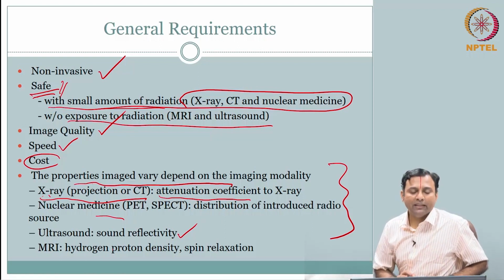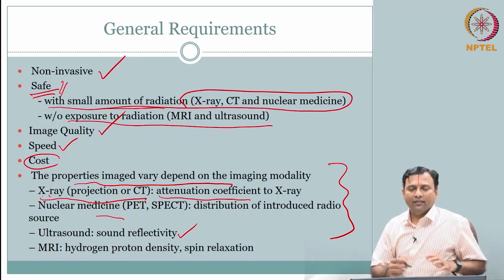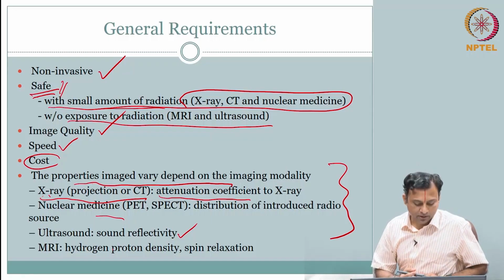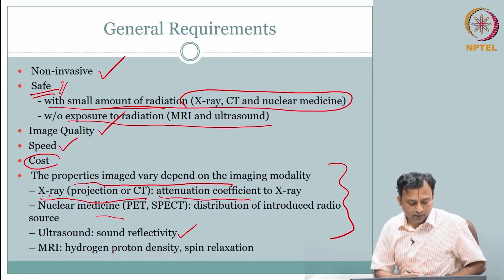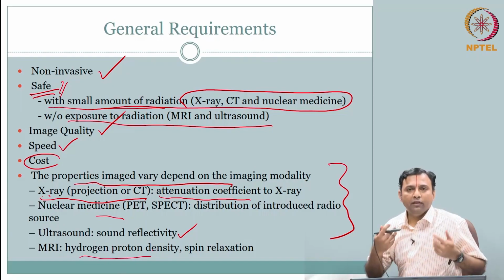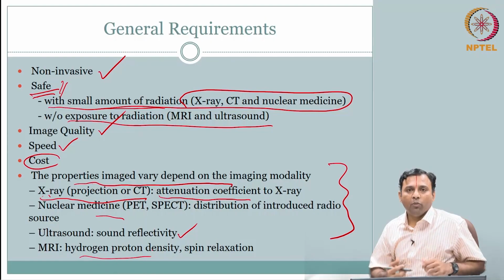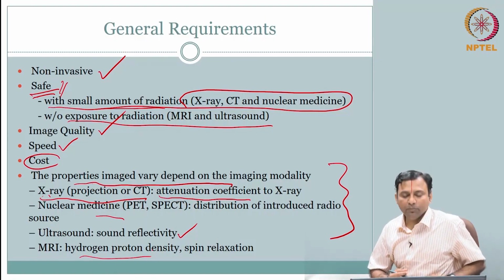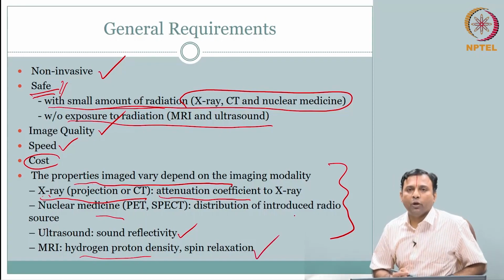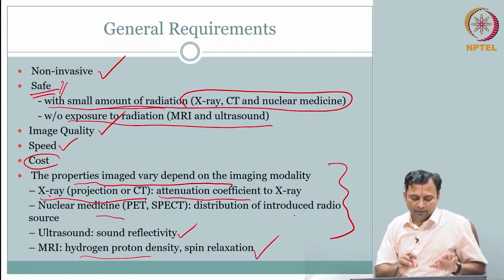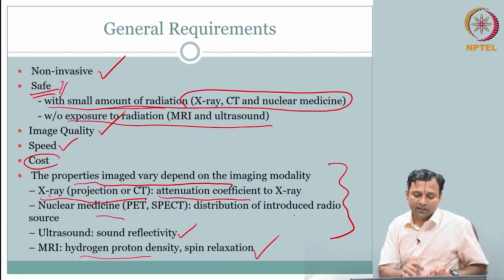In magnetic resonance imaging, there are several parameters you can go after. Most commonly for the human body, we are talking about hydrogen, because we are all water bodies. We have a lot of H2Os, so there are a lot of hydrogens. So hydrogen proton and spin relaxation property. Don't worry if you are still not able to latch on to the details here.